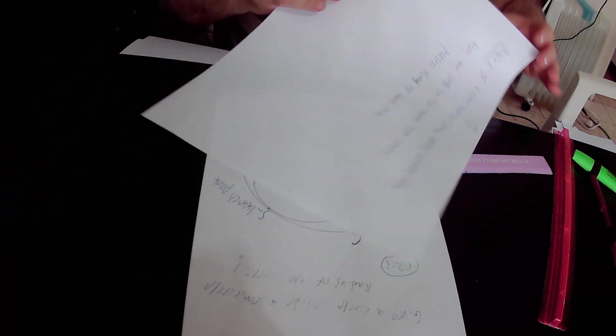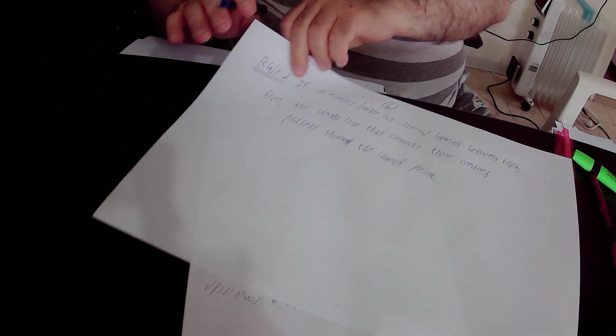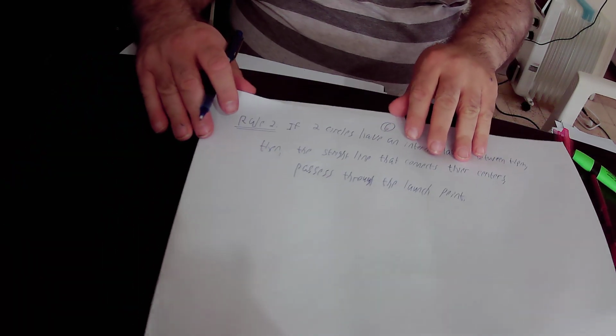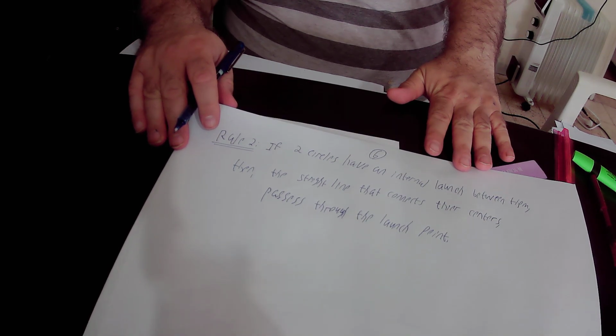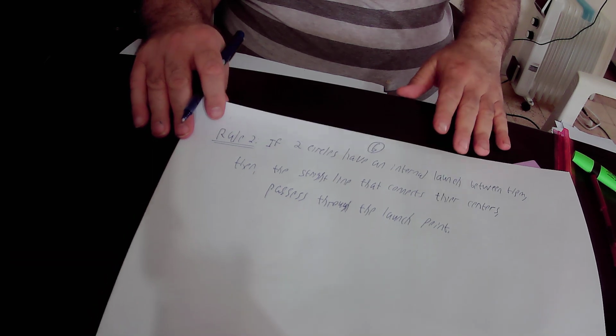So I will read rule number 2 again. According to rule number 2, if two circles have an internal tangent between them, then the straight line that connects their centers passes through the tangent point.